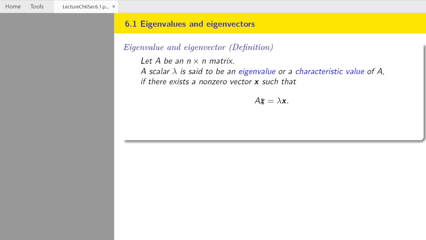Consider the system Ax equal to lambda x. Here, lambda is a scalar. x is a non-zero vector.